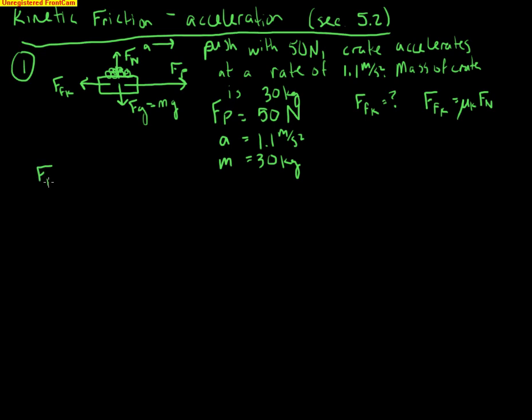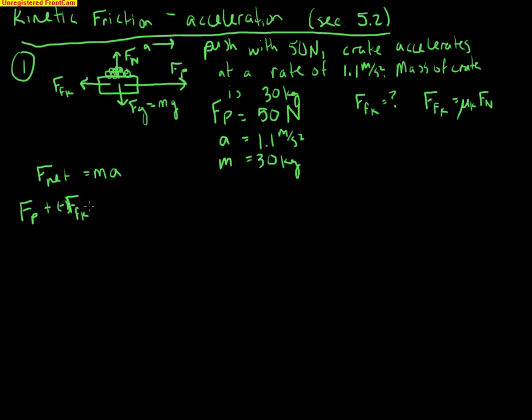So Newton's second law says F net equals m times a. So we're going to replace this generic net force, total force, with the actual forces we have. That would be the force of the push plus the friction force. Now we know the friction force is going to be negative because it's pointing in the opposite direction. So we could even put a little negative there to remind us.